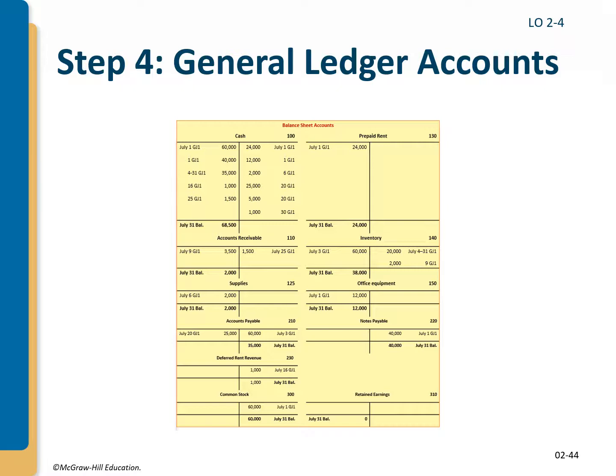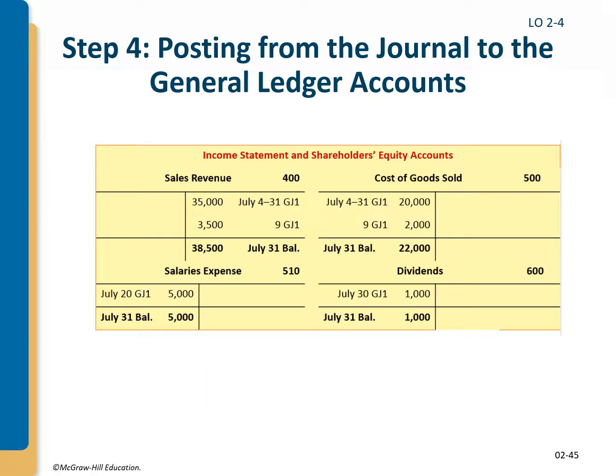So this PowerPoint presentation is separate in your Blackboard Learn account. So I encourage you to take each of those journal entries and do the tracing of the post from the journal entry to the general ledger T account that was affected by it, if you've never done that step.